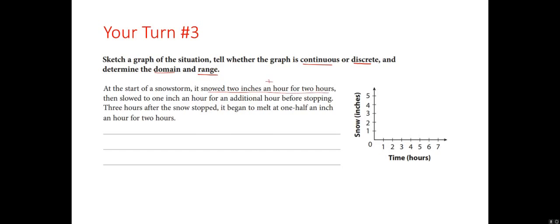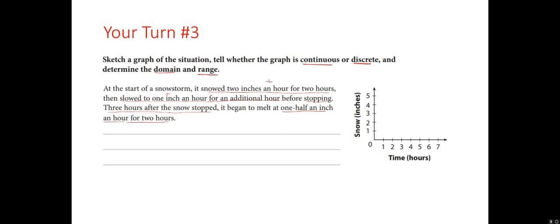Okay, so we're increasing snow there. Then it slowed, okay, still increasing, but slowed to 1 inch an hour for an additional hour before stopping. Okay, so still increasing. 3 hours after the snow stopped, it began to melt 1.5 inches an hour for 2 hours.